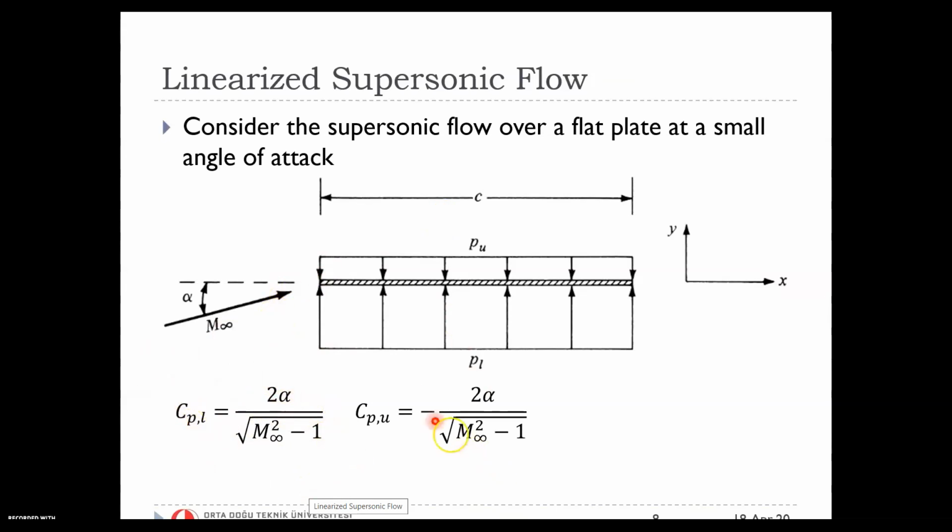On the upper surface, because your deviation is away from the flow itself, it's actually negative here. As a result, you have -2 alpha here, which is also expected, because you expect high pressure on the lower side and lower pressure on the upper surface.